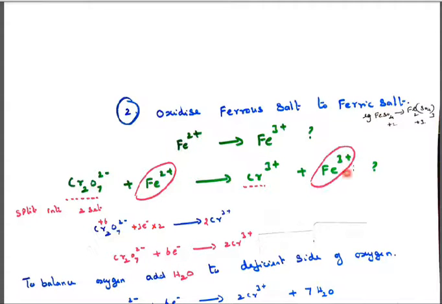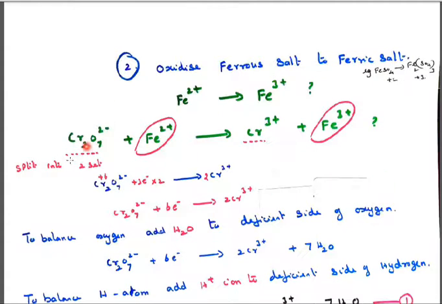Sometimes this equation will be given and they will ask you to balance it. So split this equation into two sets: chromium and chromium is one set, iron and iron is the second set. Cr2O7 2 minus gives Cr3 plus is the first set, and Fe2 plus gives Fe3 plus is the second set. Taking the first set, Cr2O7 2 minus gives Cr3 plus.